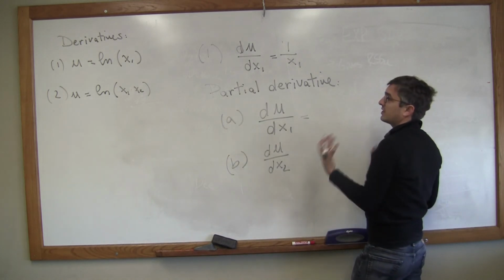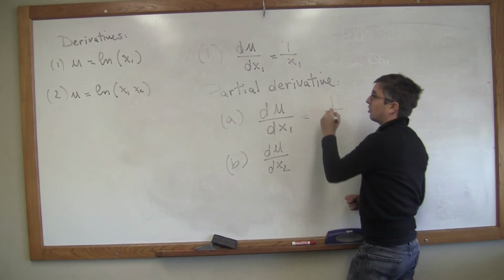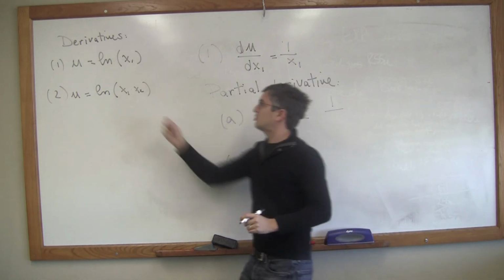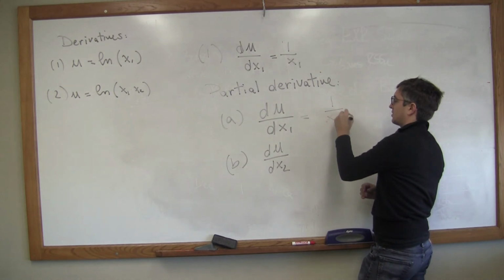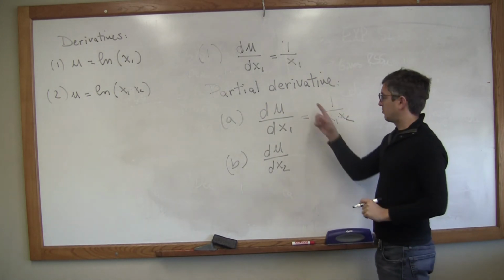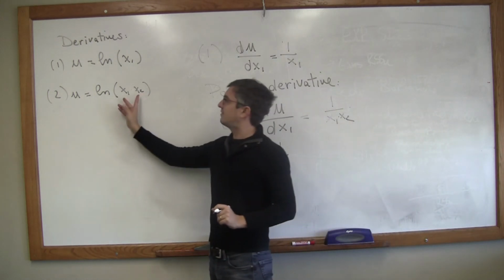First, what is the derivative of the outside function? The outside function is the log of x1 times x2, so the derivative of that is 1 over x1 times x2. Then for the inside function, I have x1 times x2.